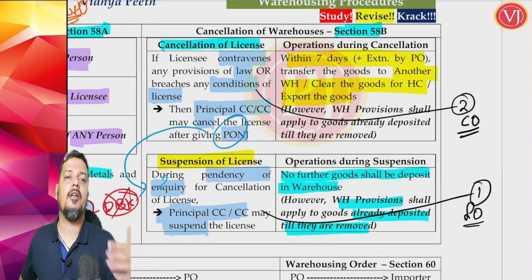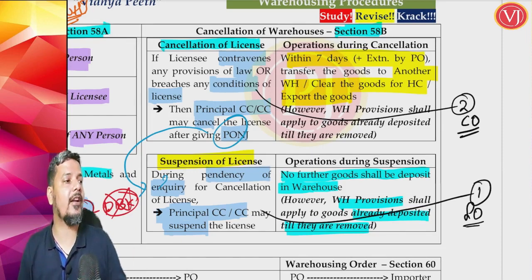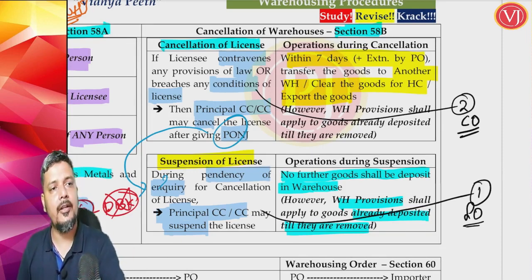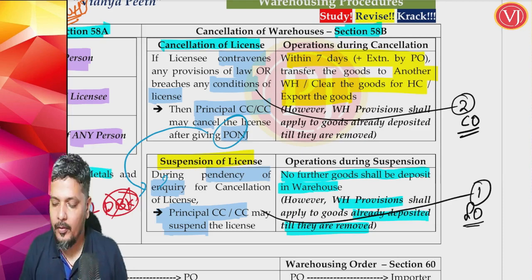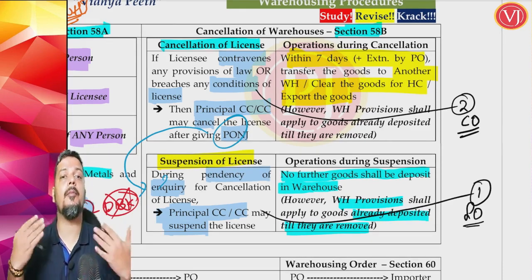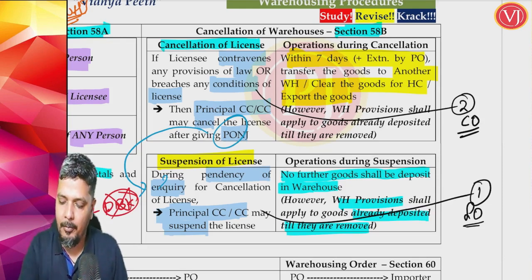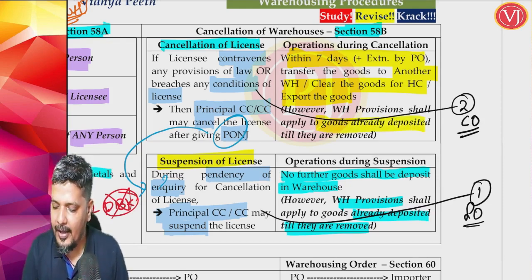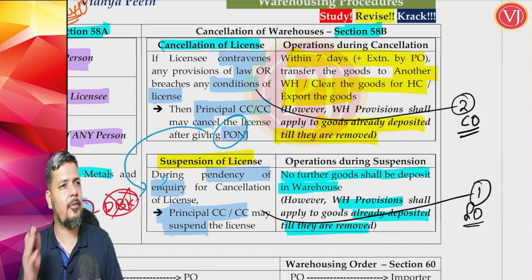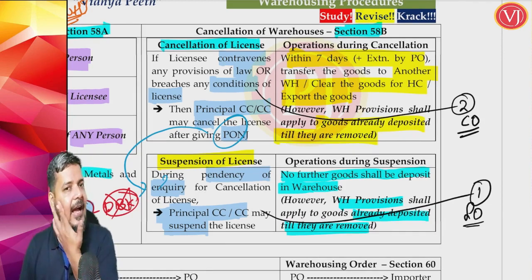Inform all the persons whose goods are kept, either to take the goods to another warehouse or take it for home consumption or export it. Within how much time? Which means the warehouse should be emptied. Already deposited goods also, the warehouse should be emptied, but as long as the goods are there in the warehouse, provisions will apply.